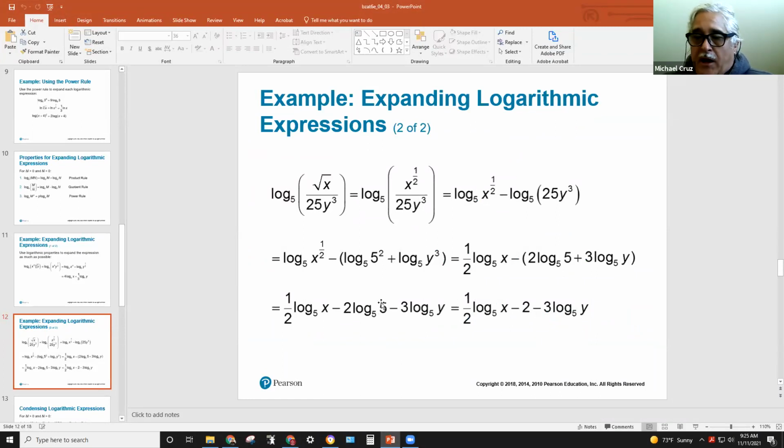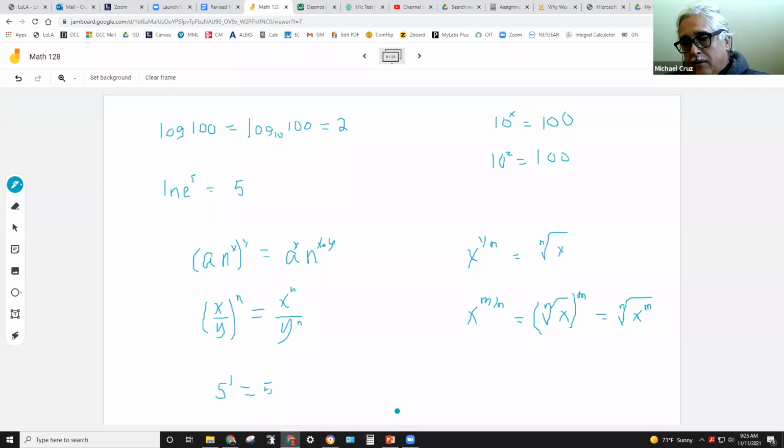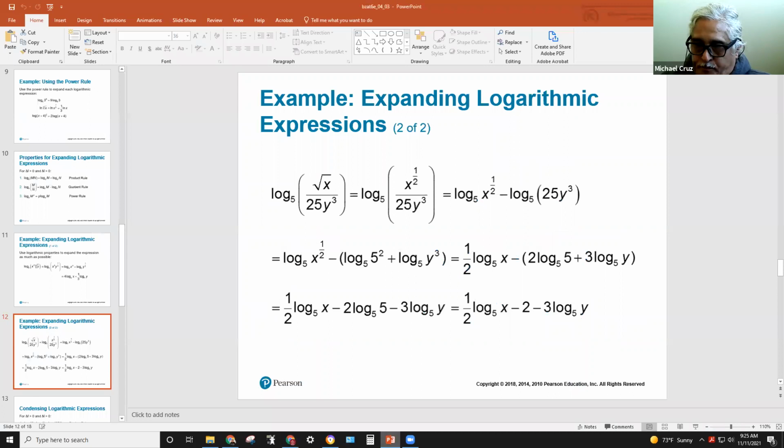Looking at it as an exponent, this means 5 to what power is equal to 5? Well, x is equal to 1. So we're replacing the whole thing. This right here becomes 1, so it's negative 2 times 1, which is just negative 2. And then the last one stays the same.